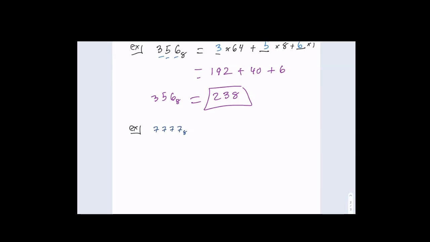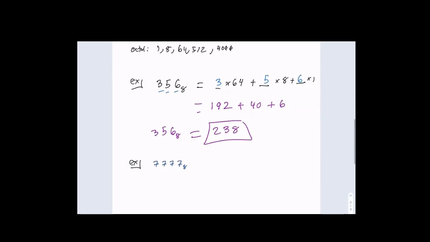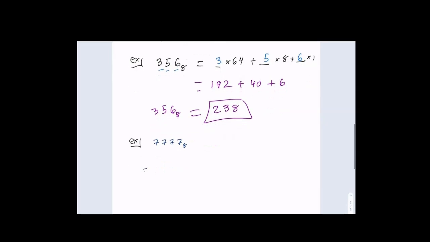All right. This is going to be 512. So the maximum is 512. So this number is 7 times 512 plus 7 times 64 plus 7 times 8 plus 7 times 1.